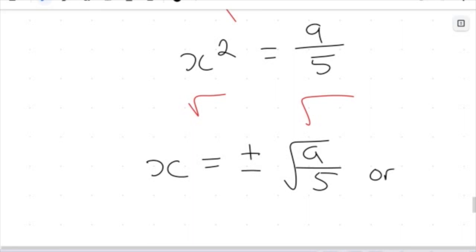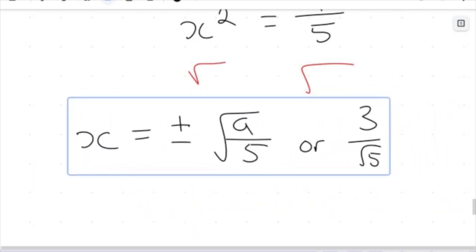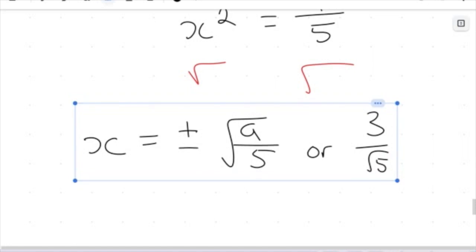Or root 9 over root 5. But remember, the square root of 9 is a perfect square. So taking the square root of 9 gives me 3, and the square root of 5 is a surd, so I can't simplify this anymore. So in other words, now I have found the x values, which are solutions to this particular equation.